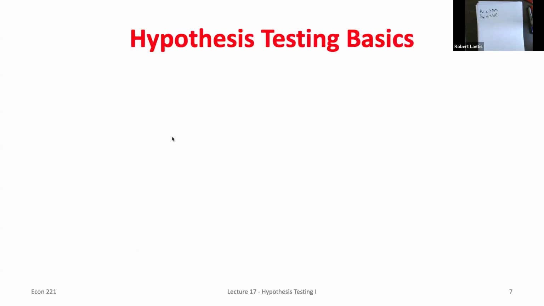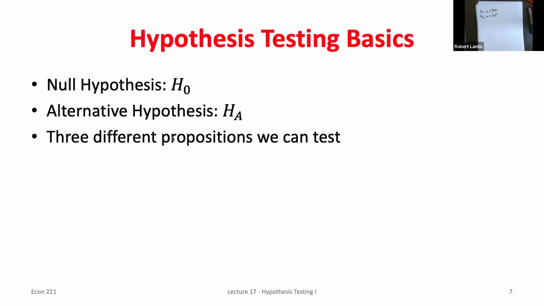Okay. So if we return to a more numerical example, with our null and alternative hypothesis, we have three different types of hypothesis tests that we're going to be using when it comes to population means and then eventually population proportions. The first is what we call a greater than test. The names of these tests come from the alternative hypothesis.